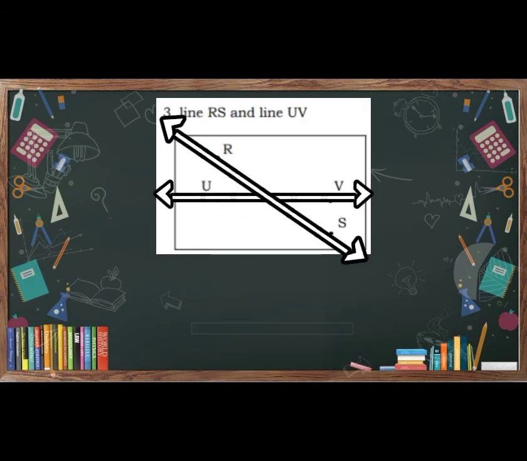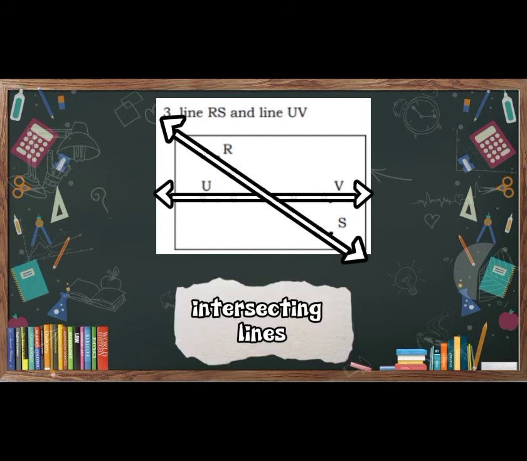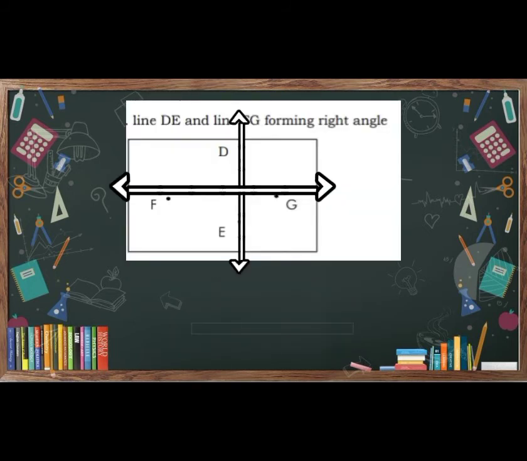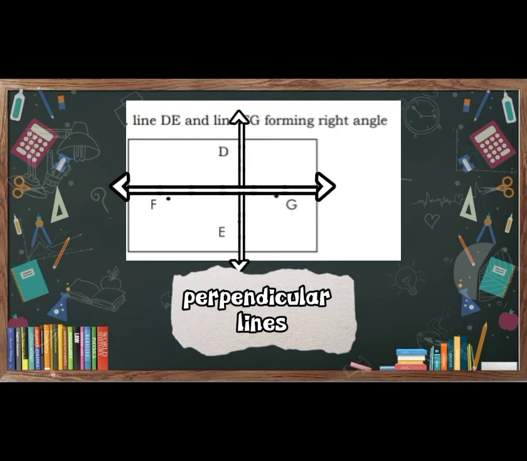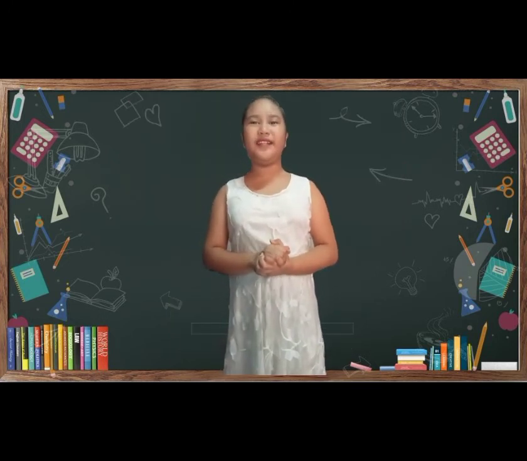Line RS and line UV. Intersecting lines. Line DE and line FG forming a right angle. Perpendicular lines. Wow! It looks like you've mastered our lesson.